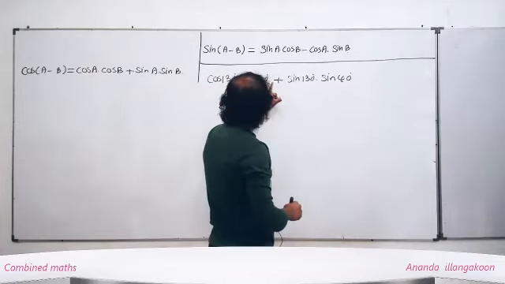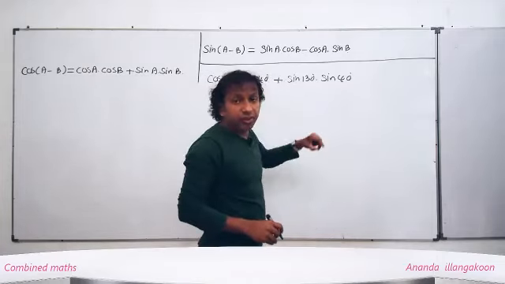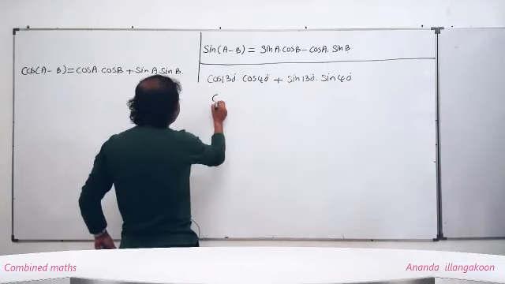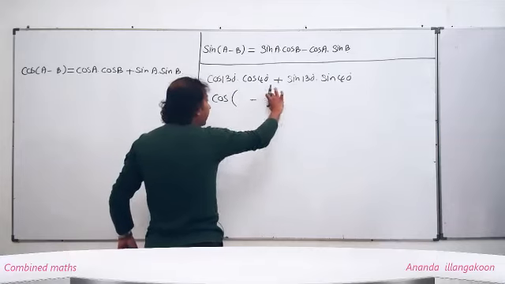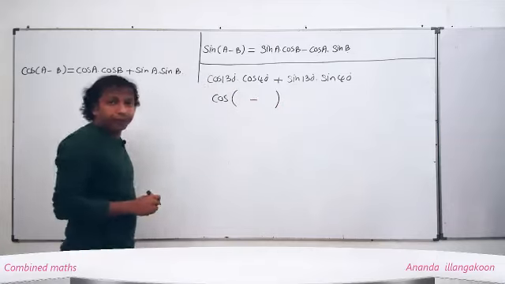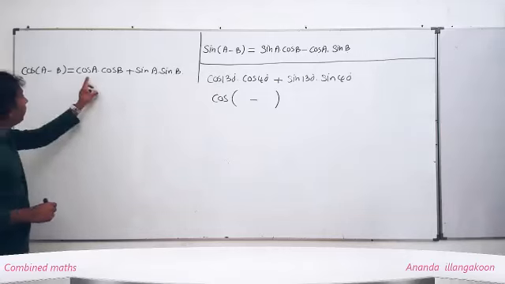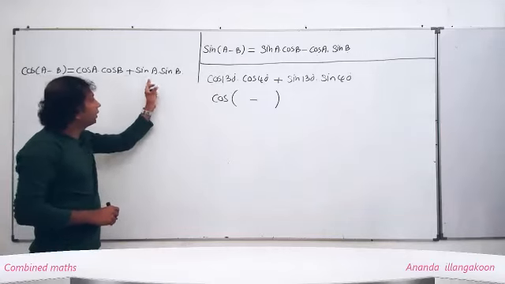Then this should be coming by cos of an angle minus another angle, because similar to the right hand side, cos cos plus sin sin is available here.